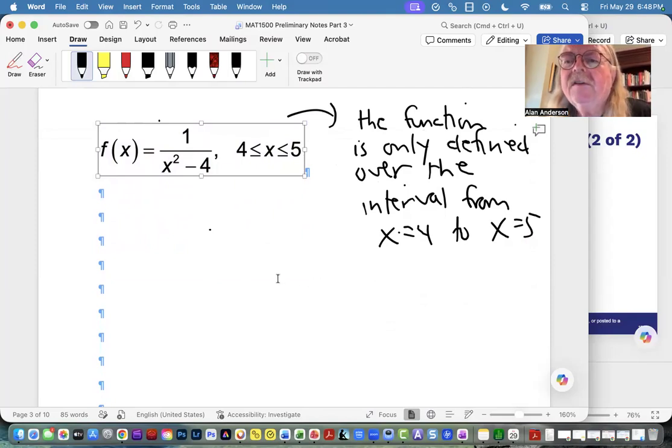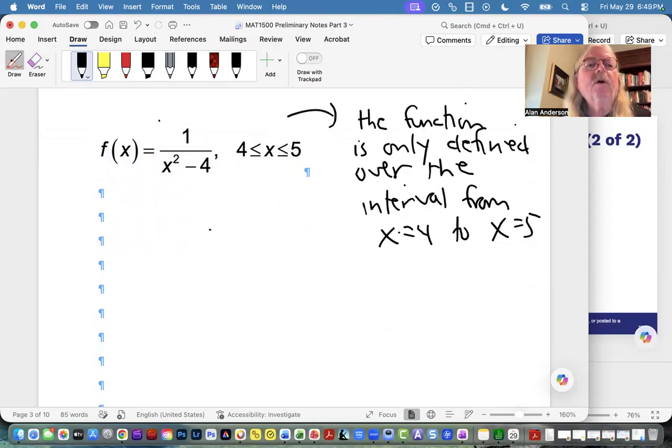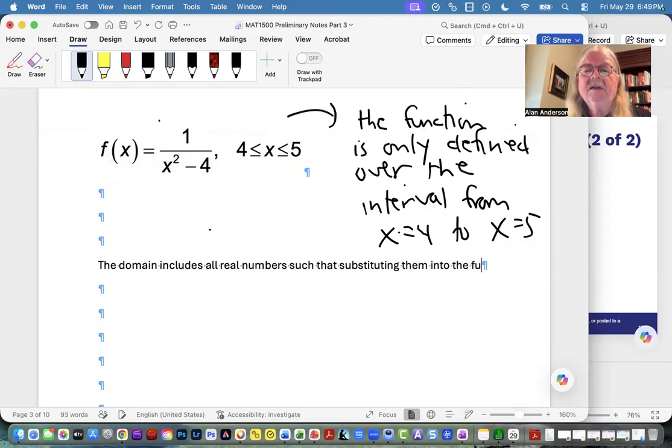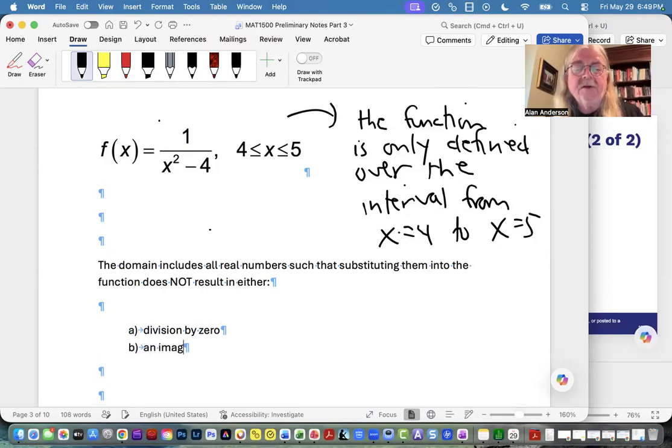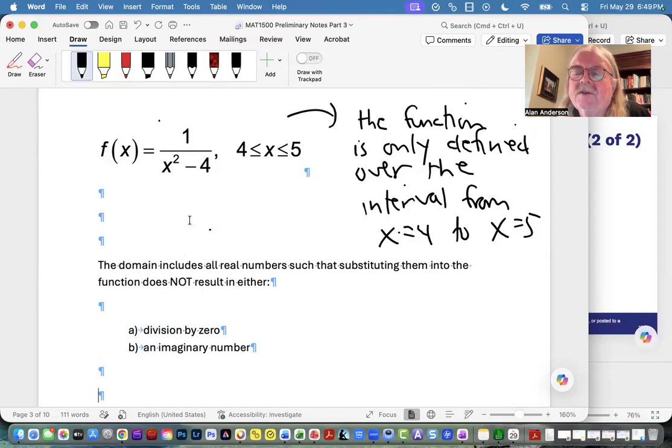When we look for the domain of a function, the domain basically includes all real numbers such that substituting them into the function does not result in either division by zero or an imaginary number. Anything else goes, all right?